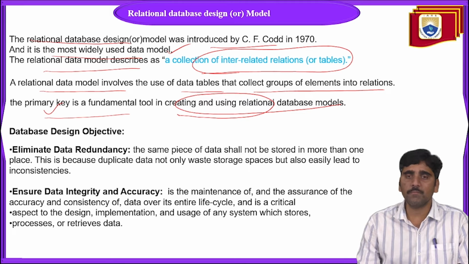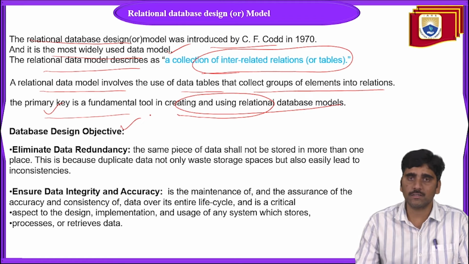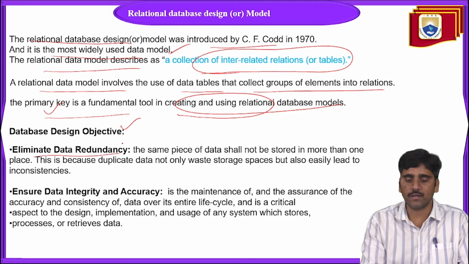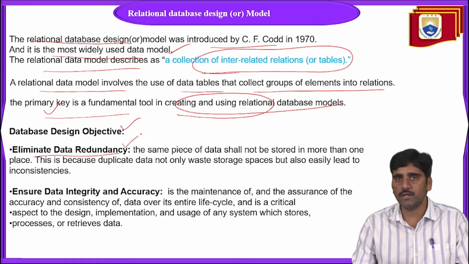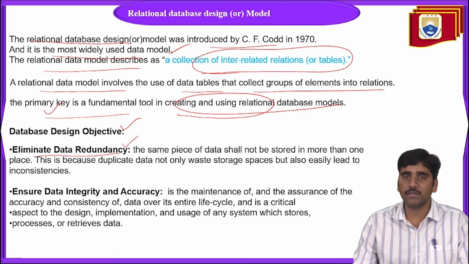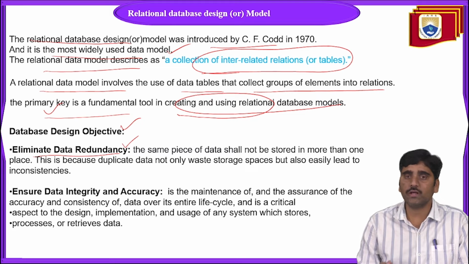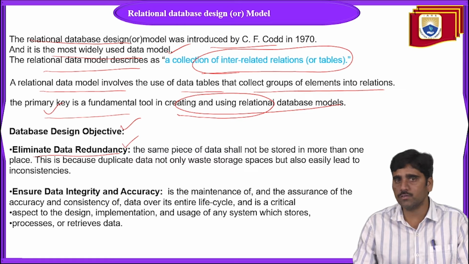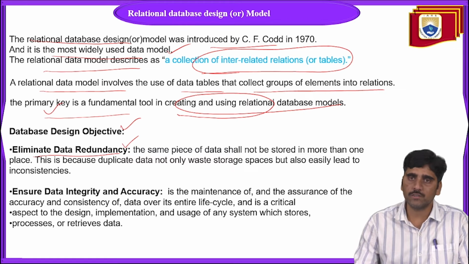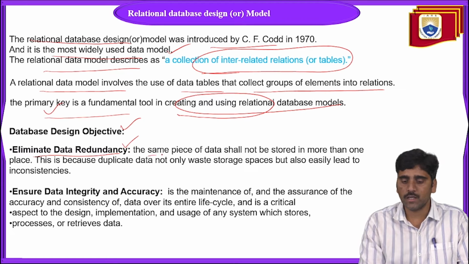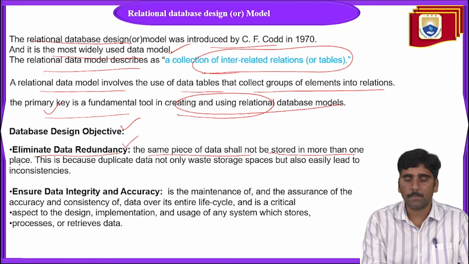What are the main objectives of designing this relational database model? The first one is to eliminate data redundancy. When we insert different values into the tables, we may have data duplicates, so to reduce that, we design this model. The same piece of data shall not be stored in more than one place.